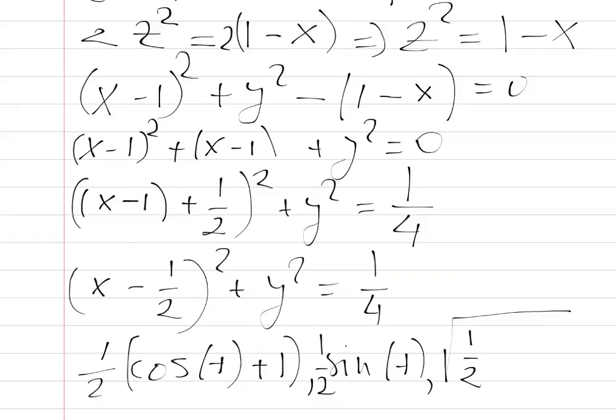So 1 minus x would be 1 minus cosine of t, which is exactly the one in your text.